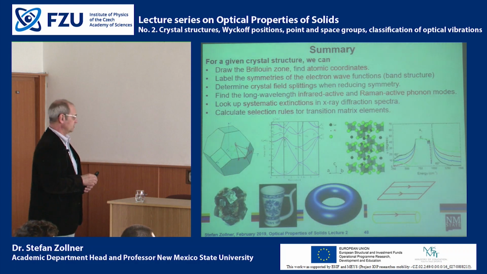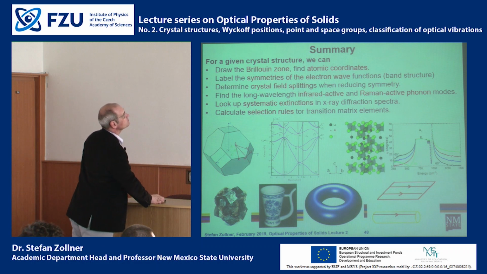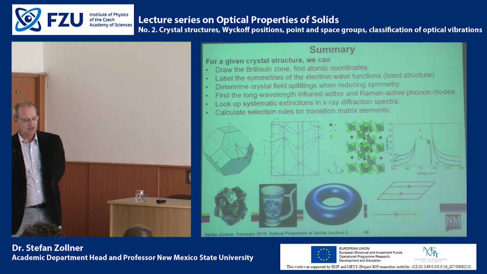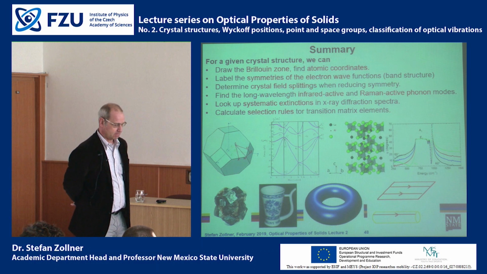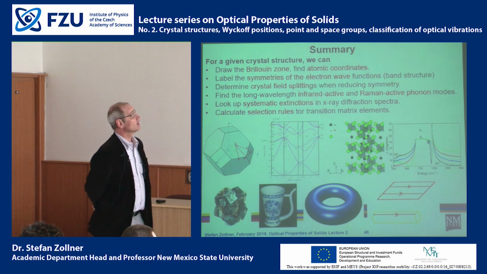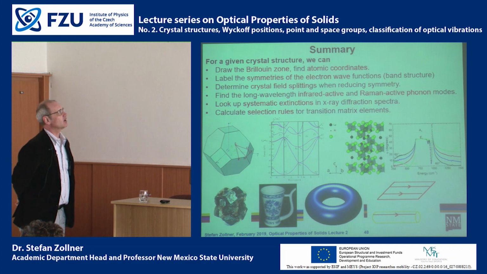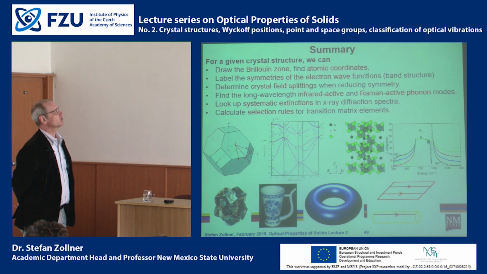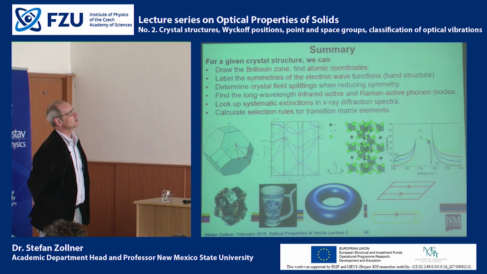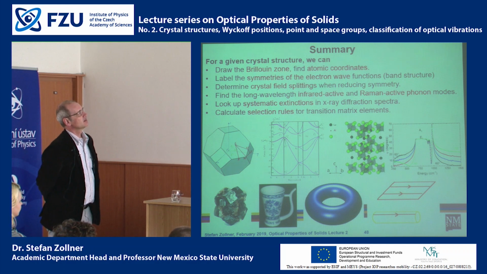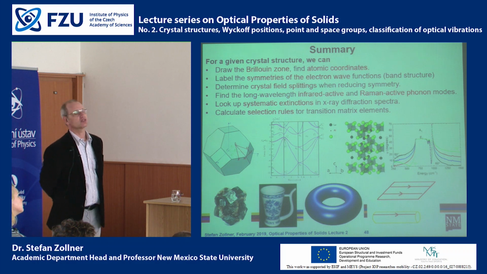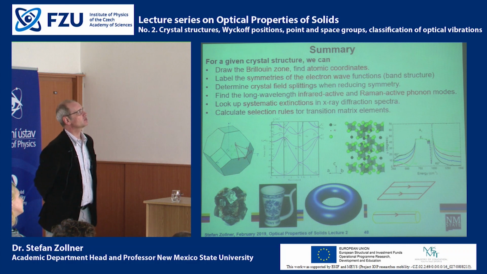So to summarize this talk, we have discussed the various symmetries that can occur in a crystal. We have described the Wyckoff positions, which give us the atomic coordinates within each of the cells. We have introduced the Bravais lattice, and we have drawn the Brillouin zone, which allows us to work with plane waves inside a crystal in reciprocal space.